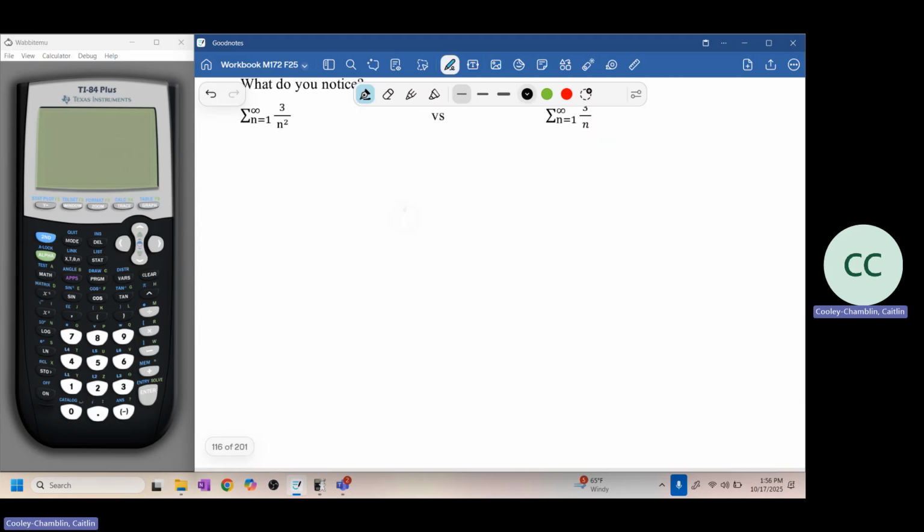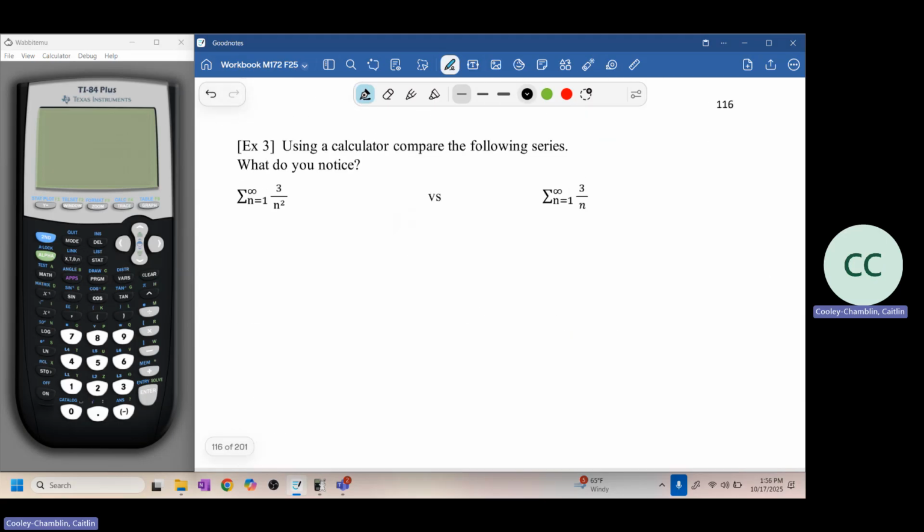Speaking of which, let's look at example 3. It says, using your calculator, compare the following series. What do you notice? The first thing I want to do is show you the limit as n goes to infinity of 3 over n squared. This is 0.